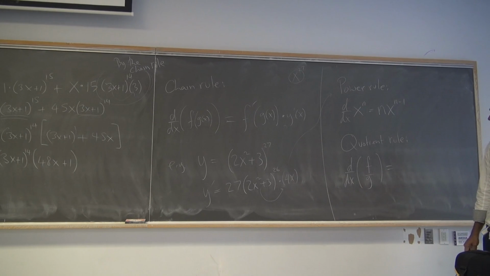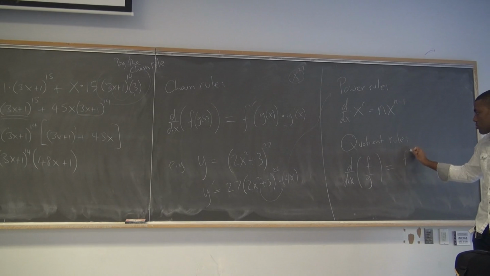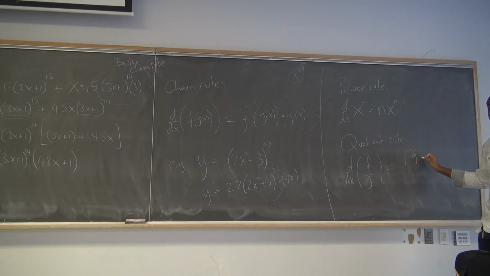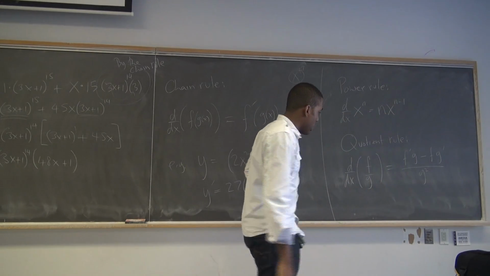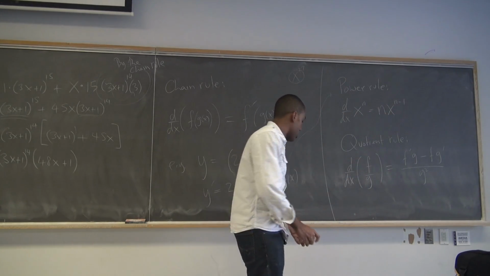F prime times g minus f times g prime, over g squared. That's correct. The bottom times the derivative of the top minus the top times the derivative of the bottom, over the bottom squared. That is called the quotient rule, and you use it whenever you have a division of functions.